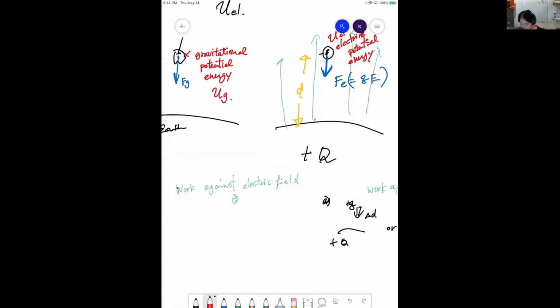Same thing happens if you move the little charge against the electric field, then it has a potential to do more work. So you have an increase in electric potential energy.